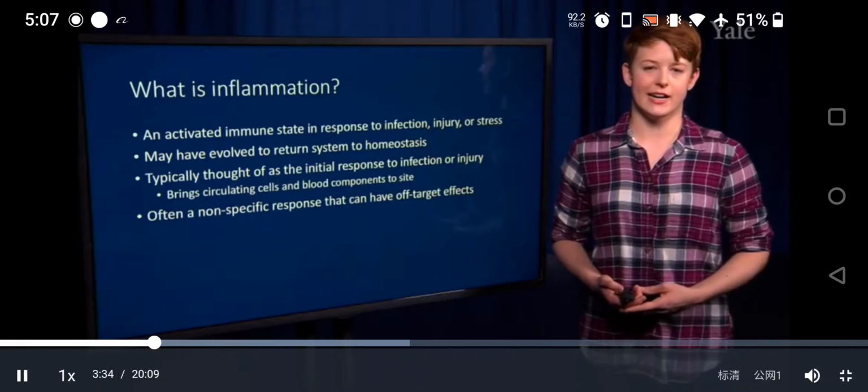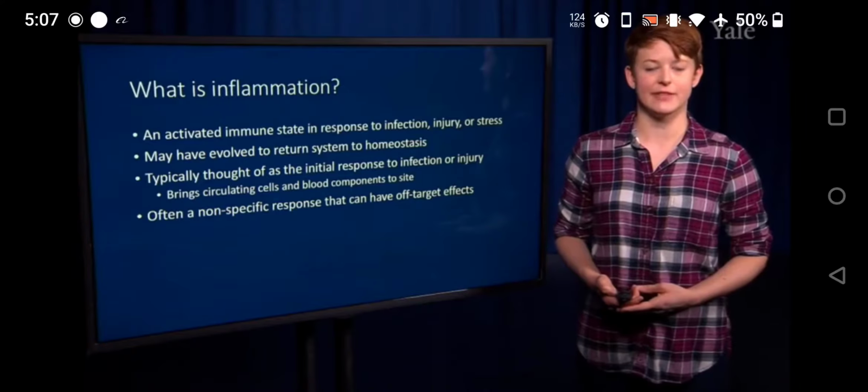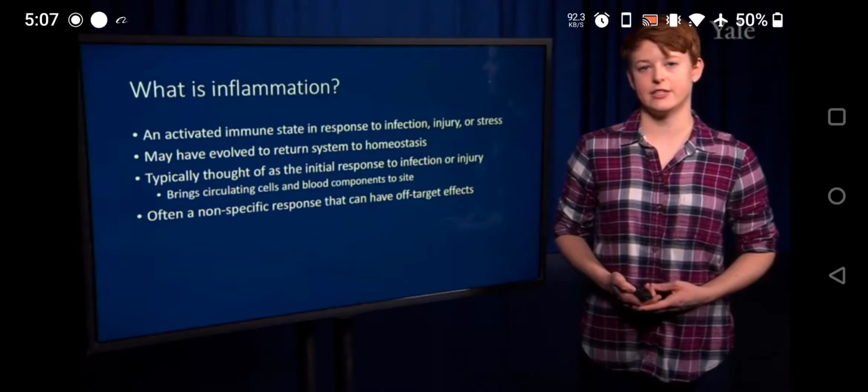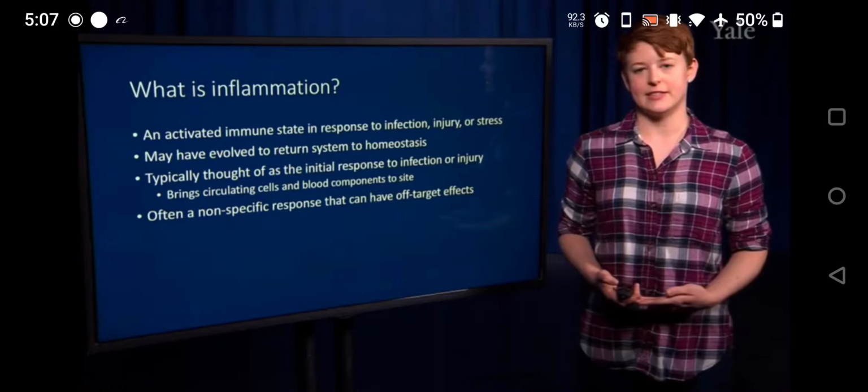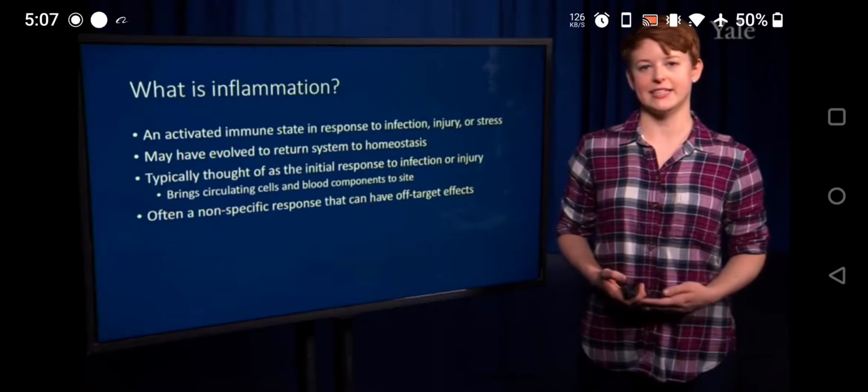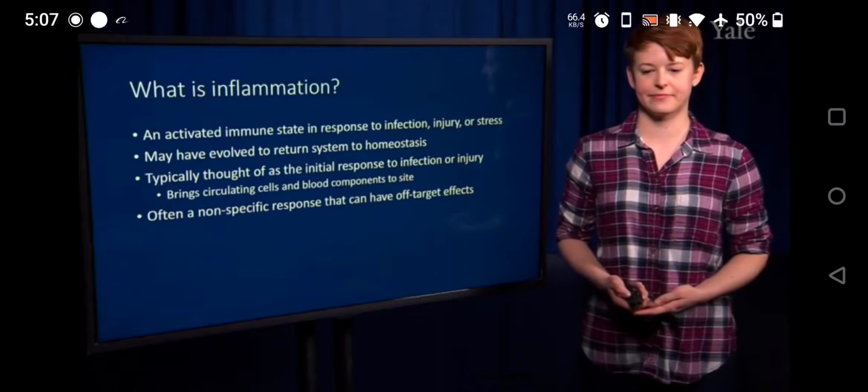So another part of inflammation is actually the resolution and repair stage. So besides mounting a response, the body also must return back to that homeostatic state.